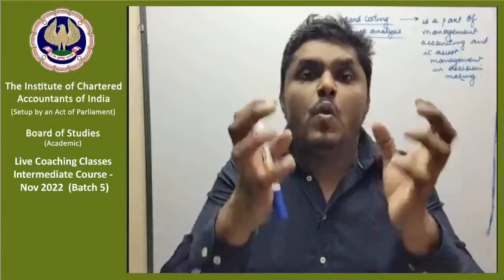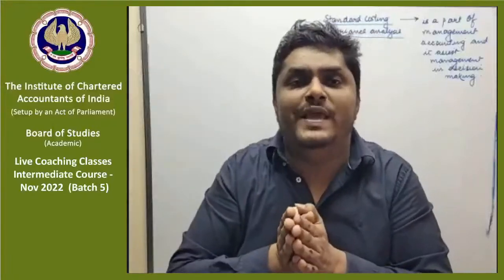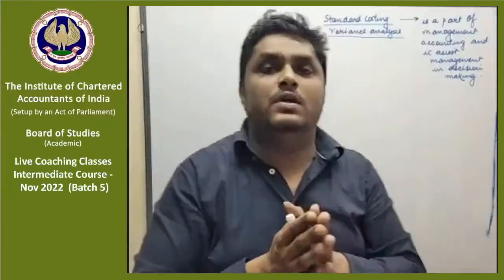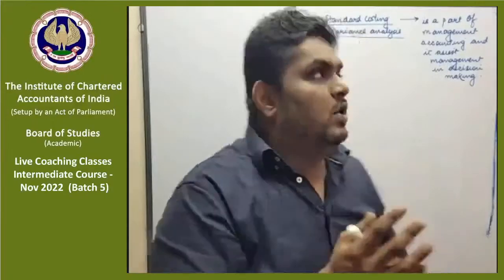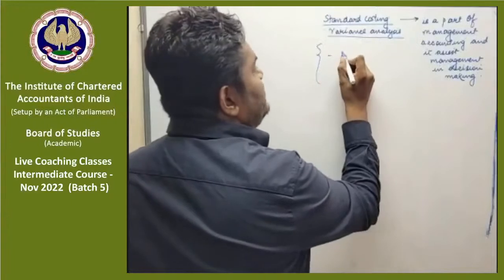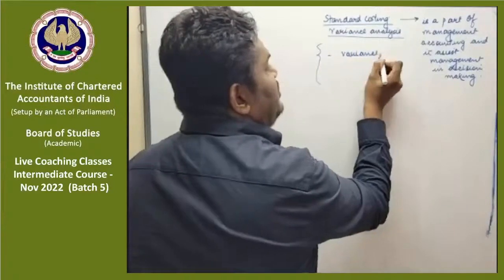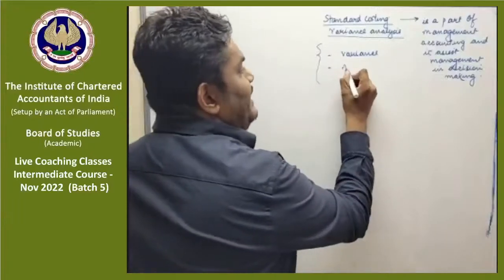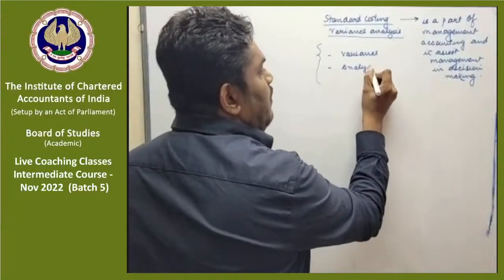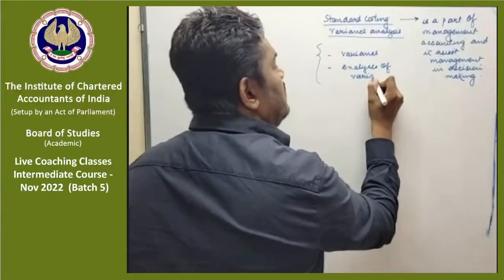And why these variances? Which department is responsible for these variances? That also standard costing technique helps us to figure out. So we get two things in standard costing. First is the calculation of variances, and the second thing is analysis of variance.